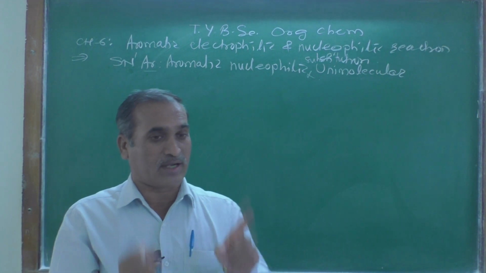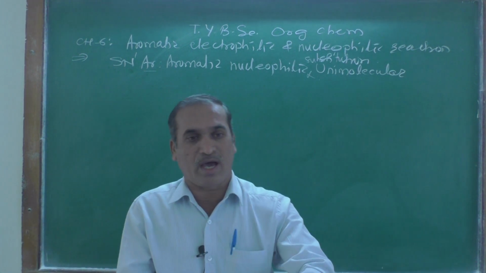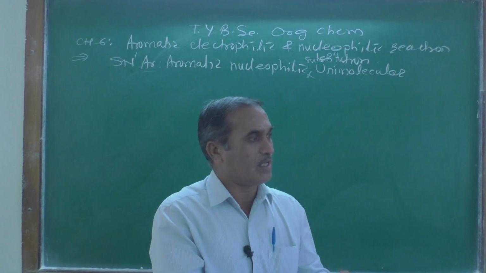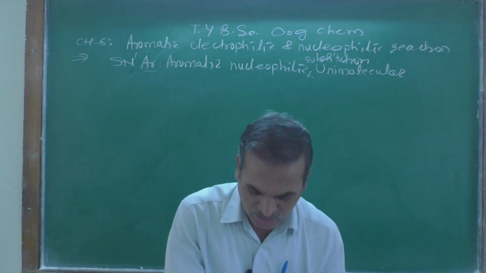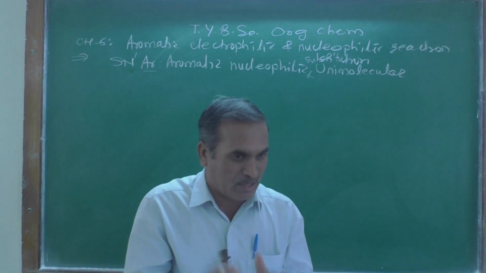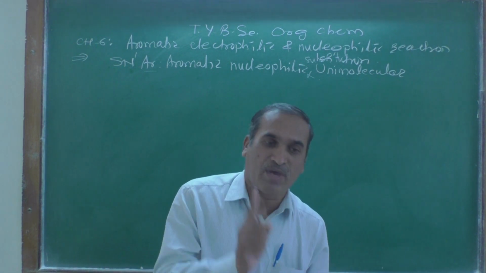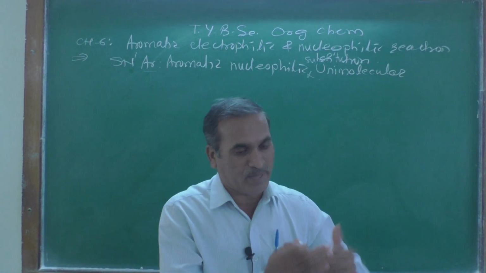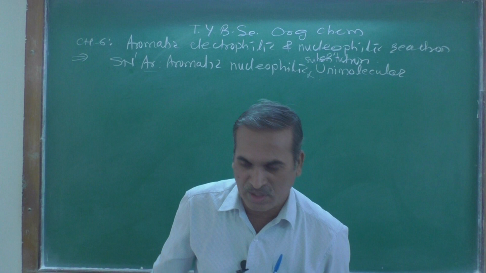As we know, we have already studied that the aromatic compound easily undergoes electrophilic substitution reaction, because the intermediate formed, that is the arenium ion, is well stabilized due to resonance, and due to this reason the aromatic compound generally undergoes electrophilic substitution reaction.